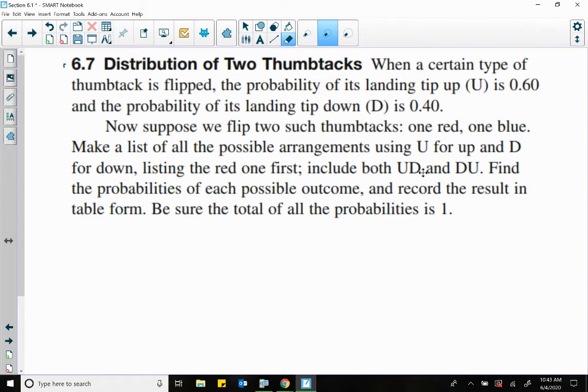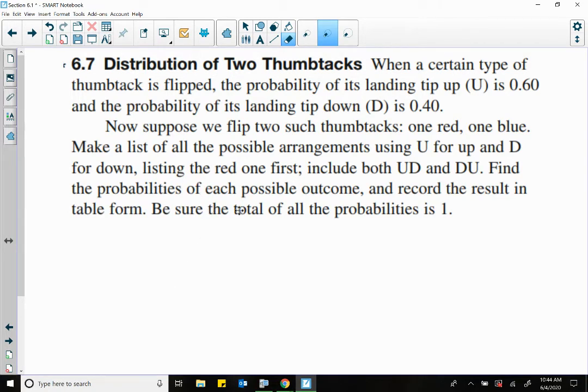So this would be red, then blue. Okay. Include both UD and DU because these are two different outcomes. Remember, this is the red tack, this is the blue. This is the red, this is the blue, even though both of them kind of are the same idea. I want you to find the probability of each outcome and record it in a table. All right. But we could also turn that into a graph as well.